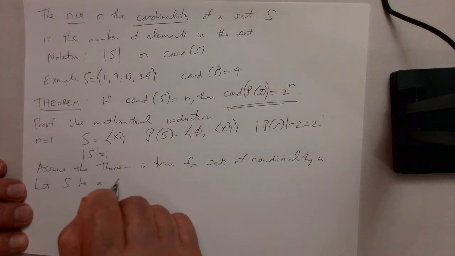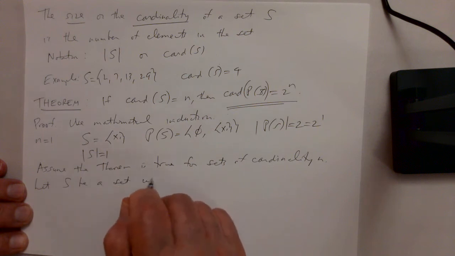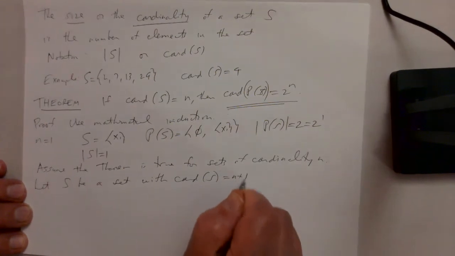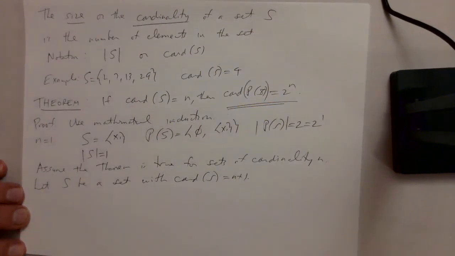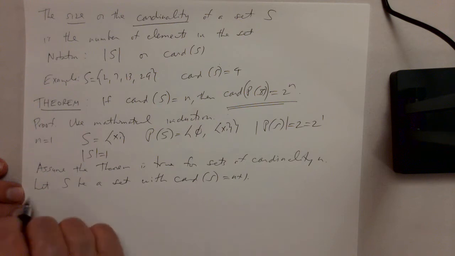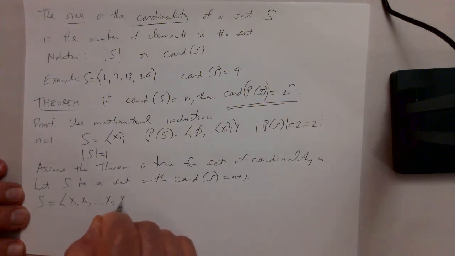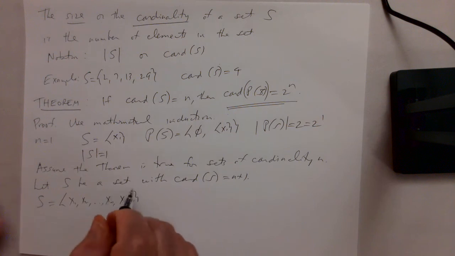Let S be a set with cardinality of S equal to n plus 1. We have to show that S contains 2 to the power n plus 1 subsets. So suppose S consists of the elements x1, x2, up to xn, xn plus 1.